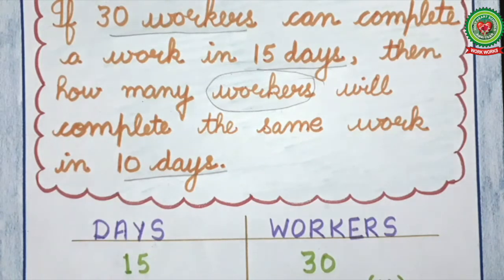Think about it. For the same work, if we decrease the number of days, we need less workers or more? It's obvious. We need more workers to complete the same work in less number of days. So, from the reading of the statement, it should be clear to you whether the situation given in the question is of direct variation or indirect variation.